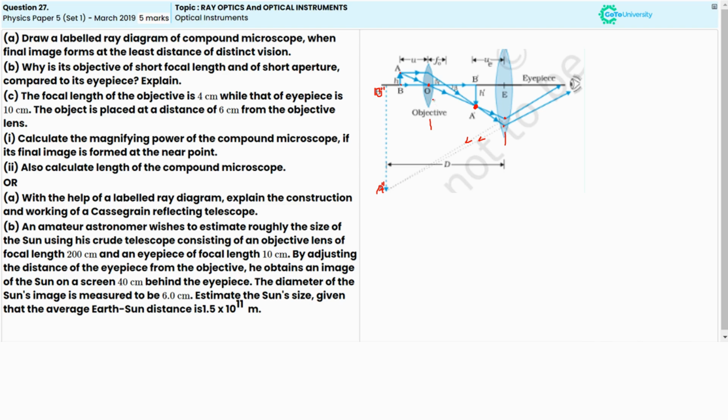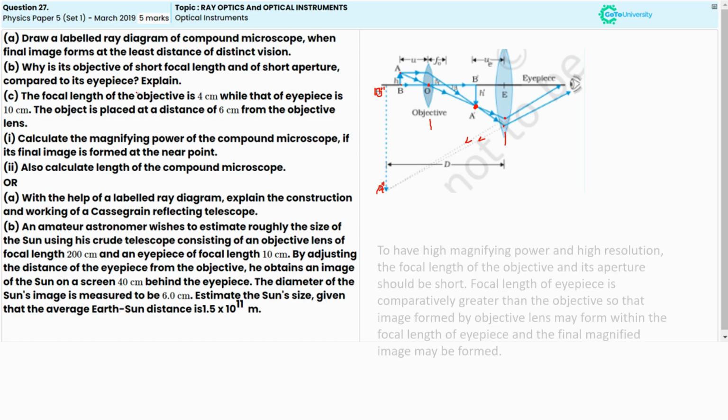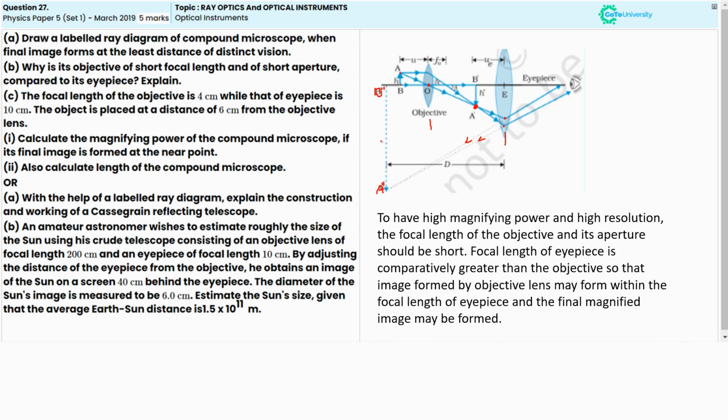Come on to the second part. Why is its objective of short focal length and of short aperture compared to its eyepiece? To have a high magnifying power and high resolution, the focal length of the objective and its aperture should be short.